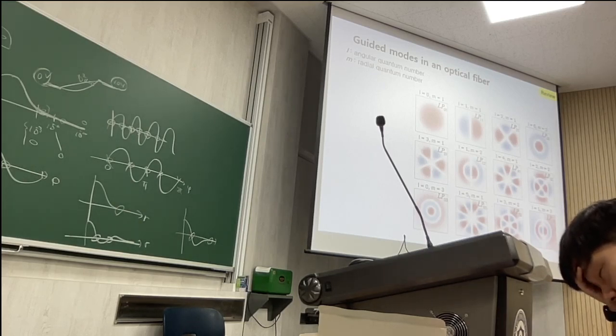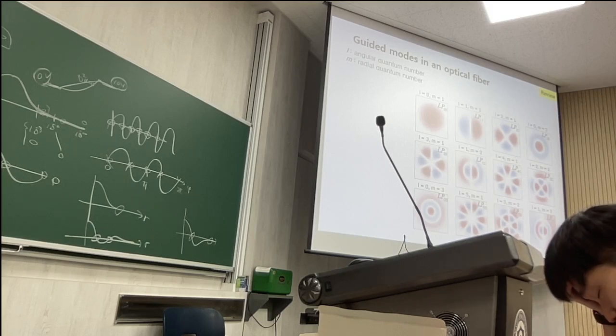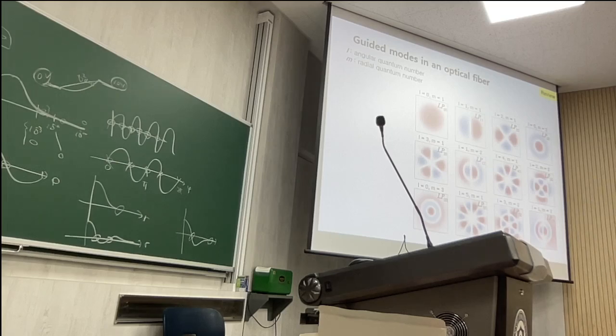And for either case, its intensity profile is just constant, regardless of the propagation direction Z or T. So this is the final solution we obtained. And the intensity plot over there just plots the electric field along the X and Y direction. So these are the solutions of electromagnetic wave.